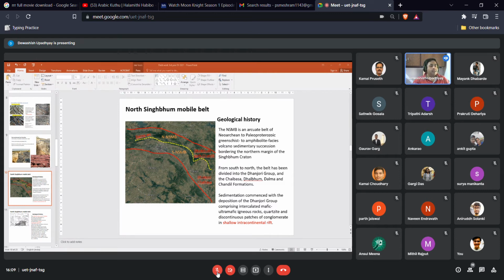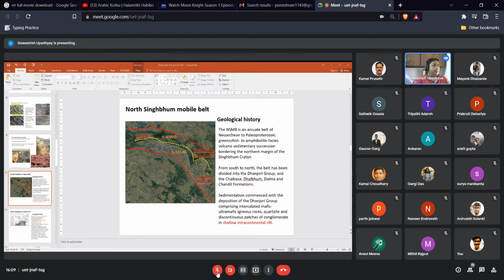So they have become very stable parts of the continents, and nothing much is happening geologically since about 2.5 Ga. That is how we define a craton. In eastern India, we have a craton which is called the Singhbhum Craton. This occupies parts of Orissa and Jharkhand, mostly.